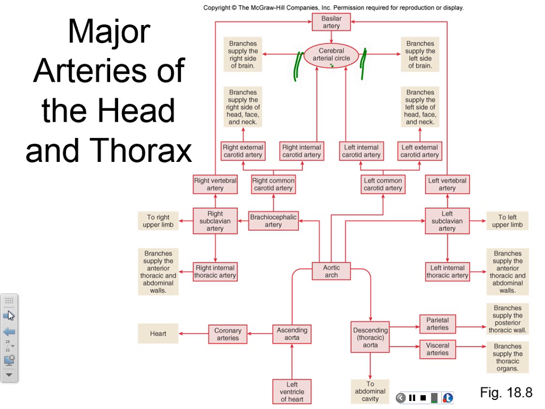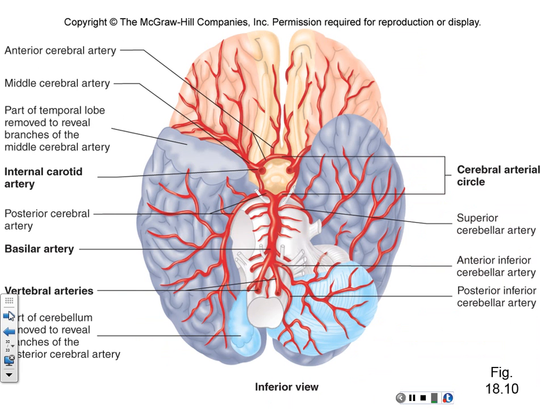And then, see what happens? Vertebrals come and join over here to form the basilar artery, and then it will spread blood throughout, and it will form the posterior cerebral artery, and then these are the internal carotids.